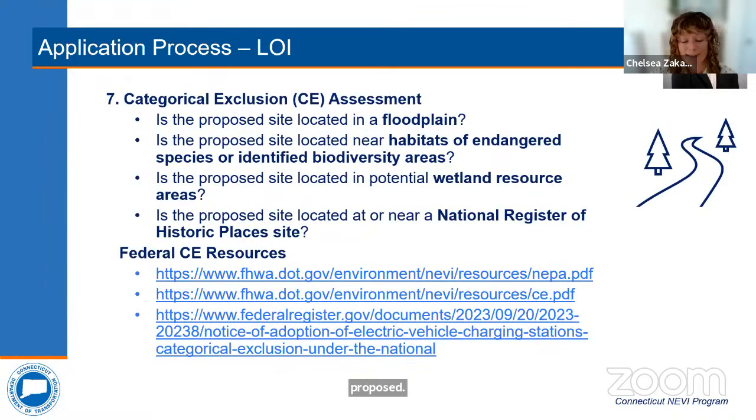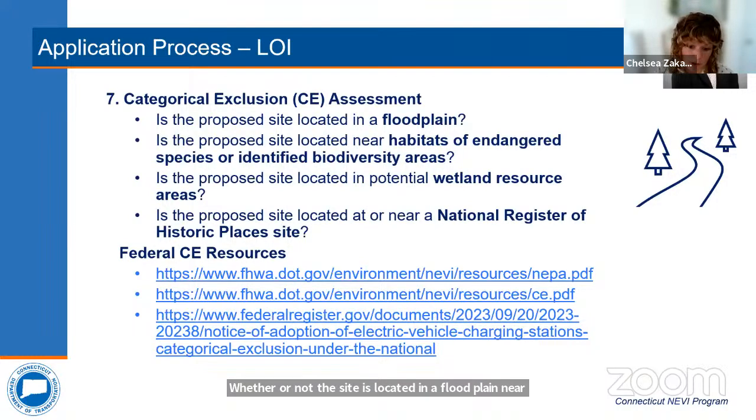Section 7 is about the categorical exclusion assessment. To support the anticipated categorical exclusion determination, the LOI asks to provide the following information: whether or not the site is located in a floodplain, near habitats of endangered species or identified biodiversity areas, in potential wetland resource areas, or at or near a National Register of Historic Places site.